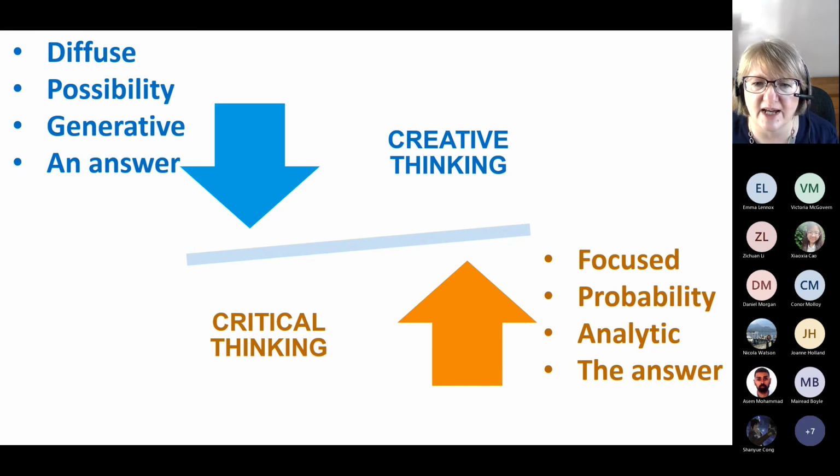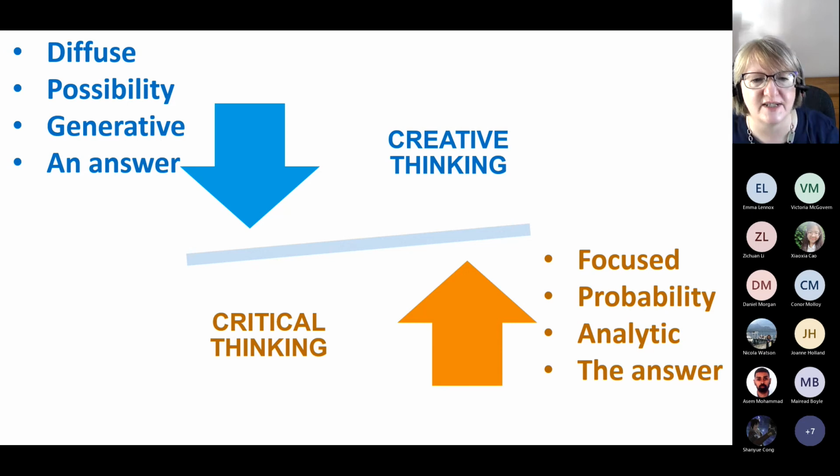Creative thinking, on the other hand, is much more diffuse thinking. So you're looking at possibilities, you're generating ideas, and you look for an answer or many answers, not necessarily just the one answer.